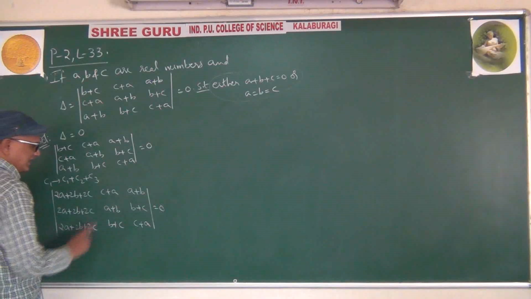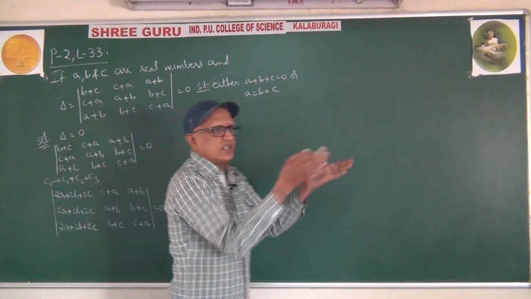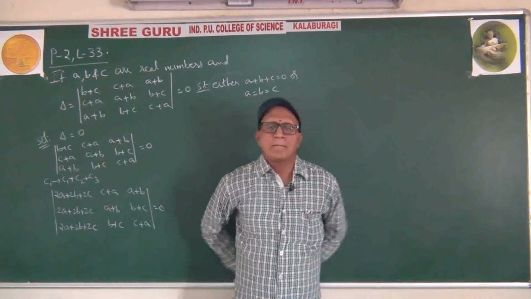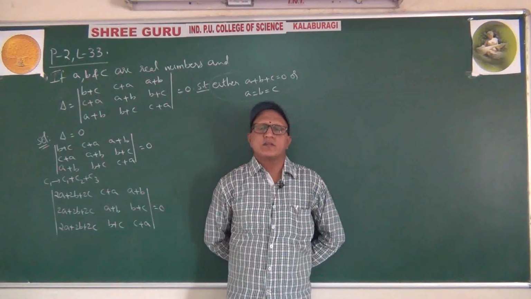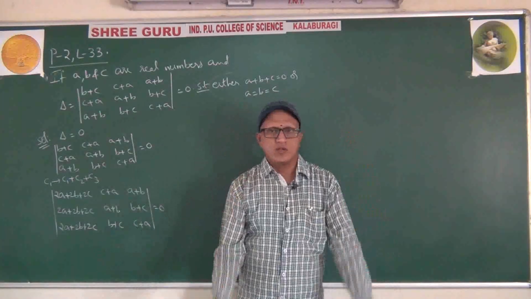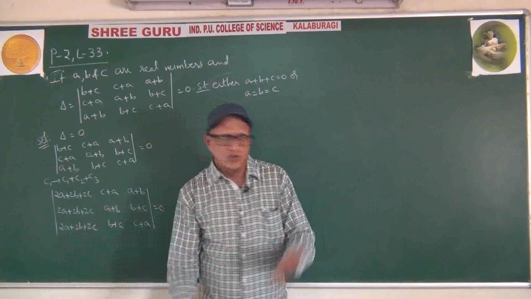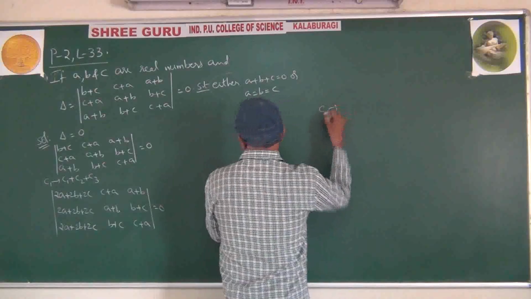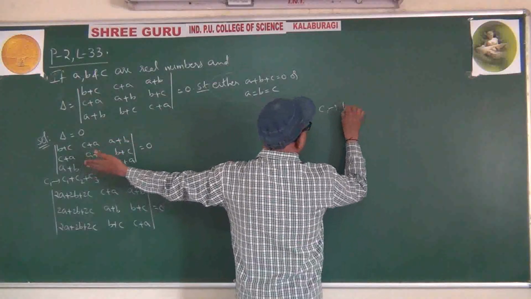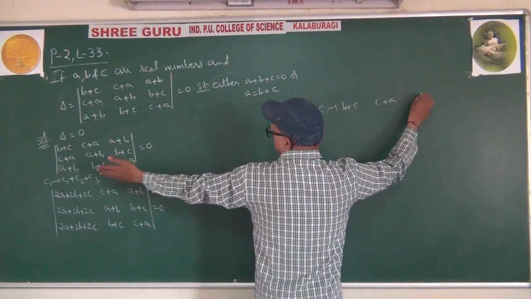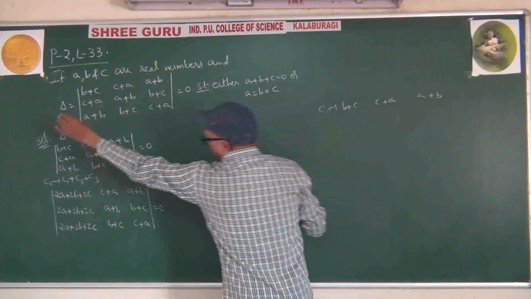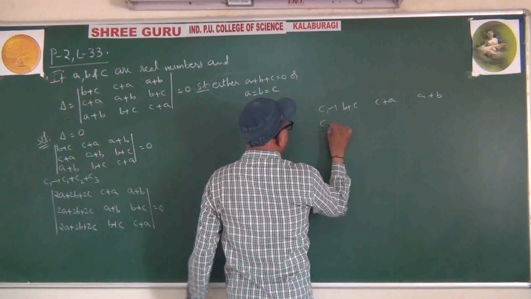Sir, we did not understand this. How did you get it? You try on your own. We did so many operations, it is not a difficult operation. So write what is C1: the elements b plus c, c plus a, a plus b. That is C1. What is C2?